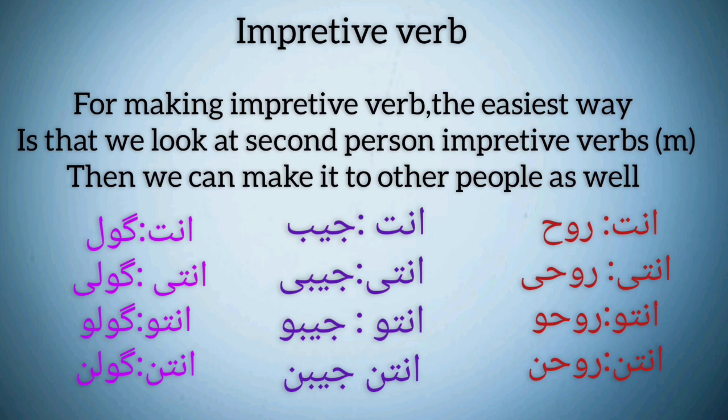In Arabic, there are a variety of ways to make an imperative verb, but the easiest and best way is to look at the second person imperative verb. With this, we are gonna be able to make imperative verbs for anybody. This is the first step.